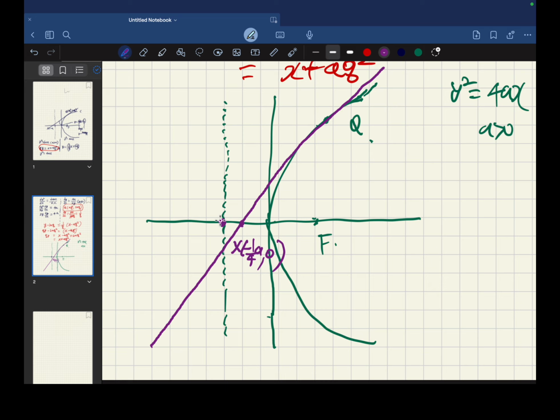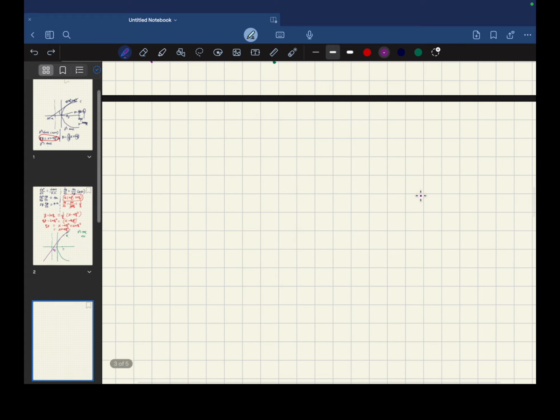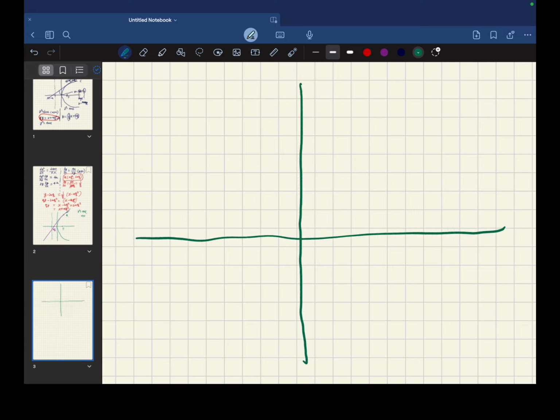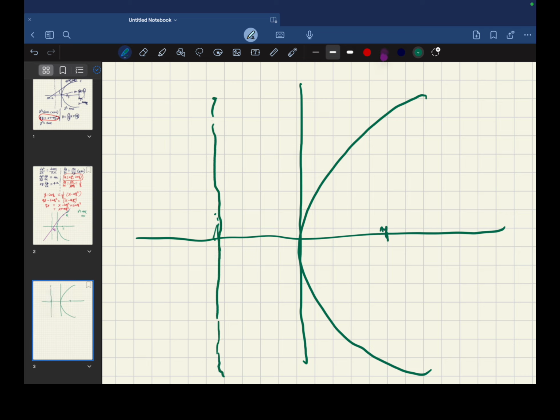Okay, let's redraw the entire graph much bigger. And the Q is here.